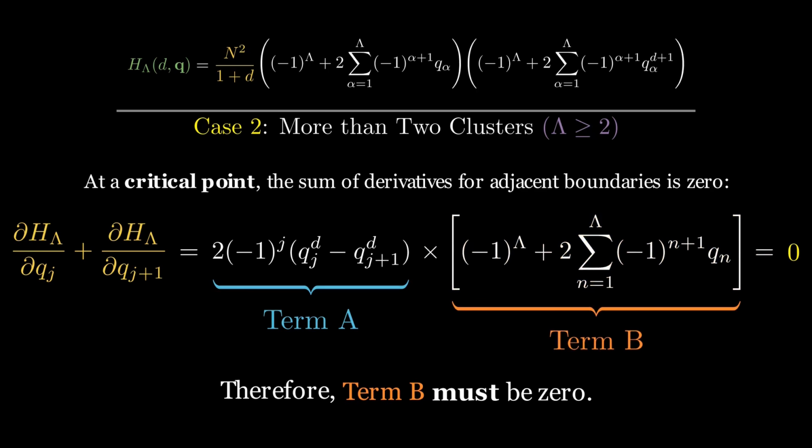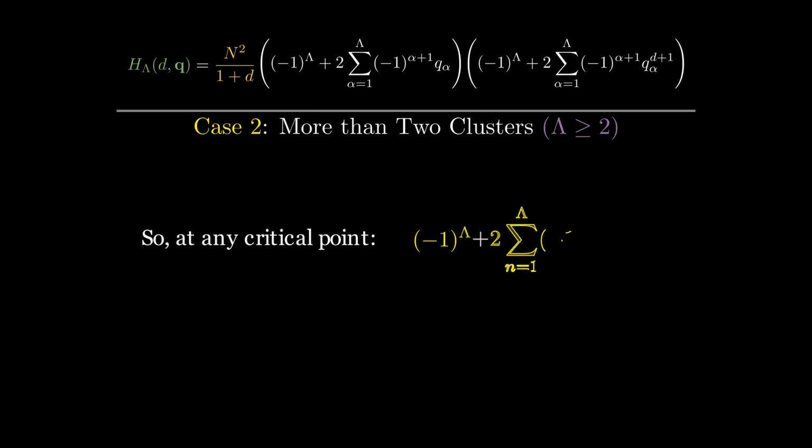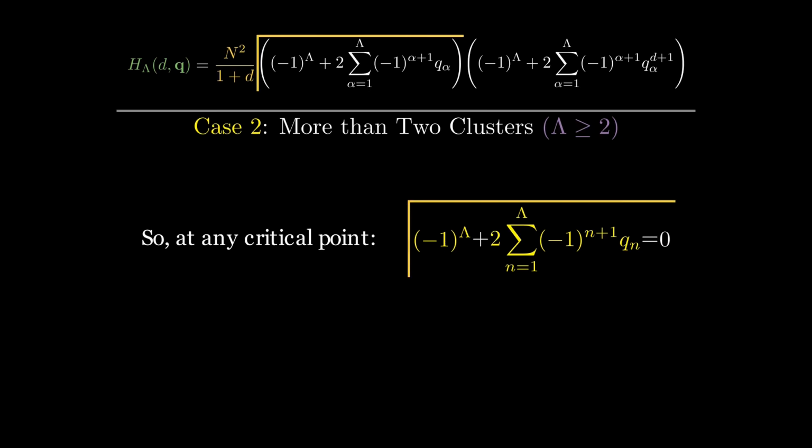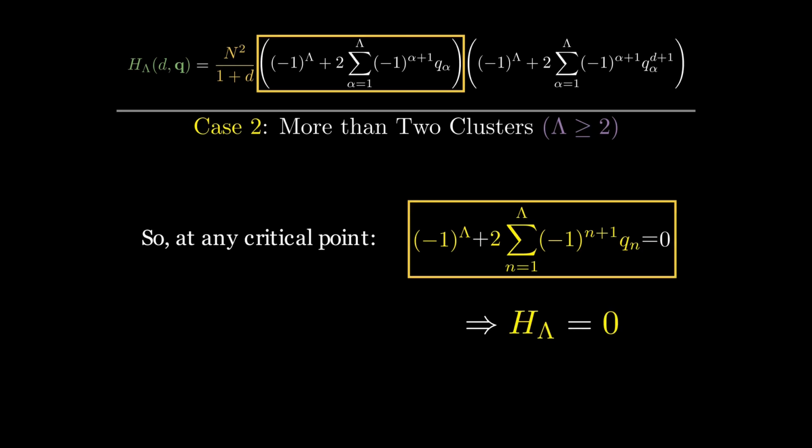And here lies the crucial insight. If you look back at our original formula for the energy, that second term wasn't just a component, but a key factor in the whole expression. So, if that term is forced to be 0 at any minimum, at any critical point, we have the entire Hamiltonian H lambda collapsing to 0.